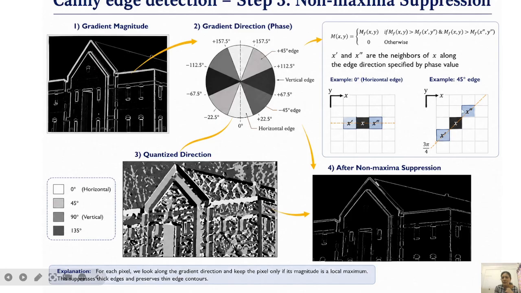For example, if instead of this black or 0 pixel I take a white pixel, and these two are gray pixels, then the white pixel is more than these two pixels.